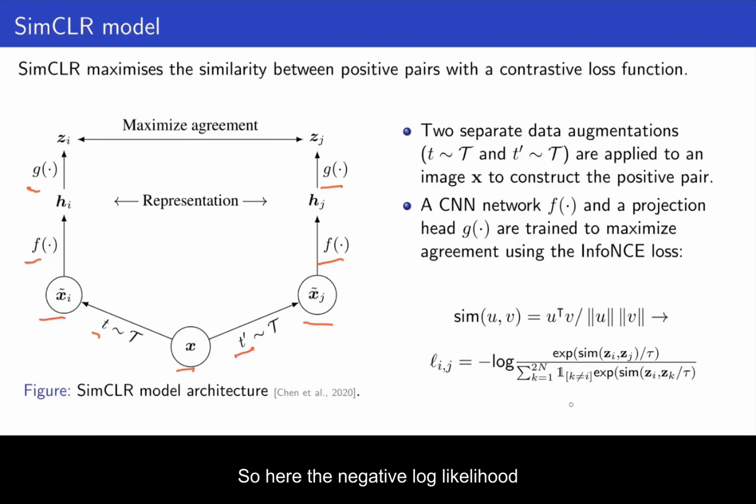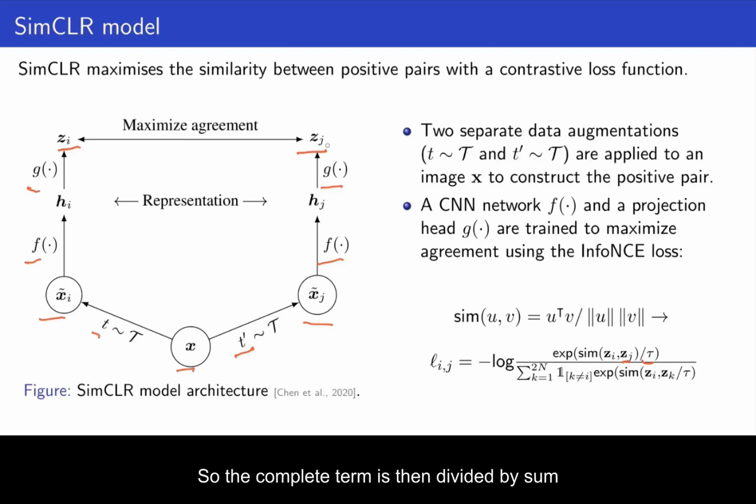So here the negative log likelihood of the exponential similarity between z_i and z_j, divided by a temperature scalar tau. Again, z_i and z_j are representations after the projection head, as shown here on the left.